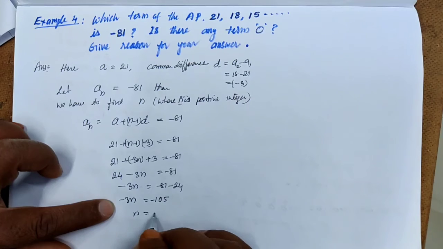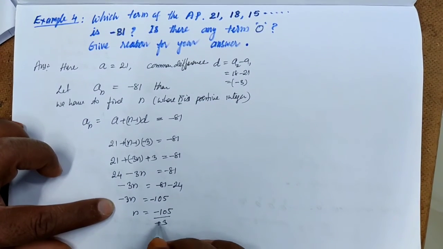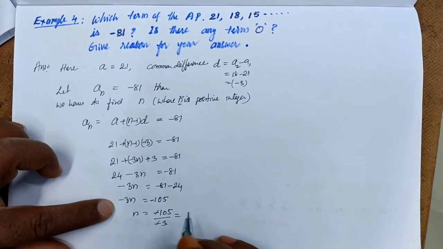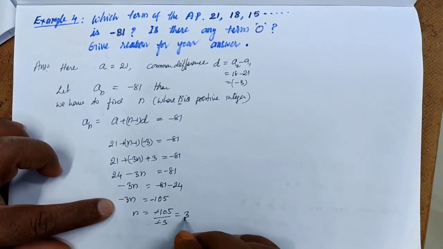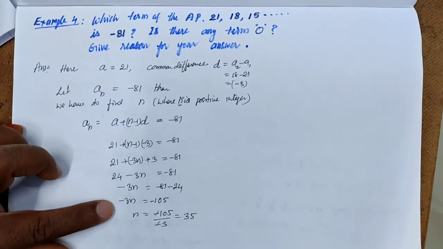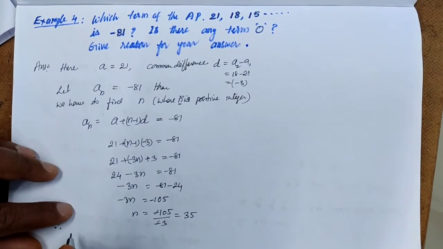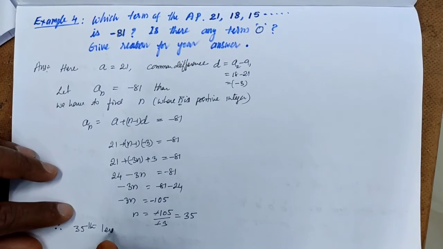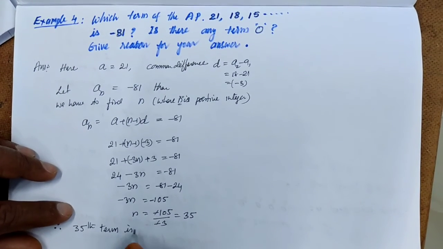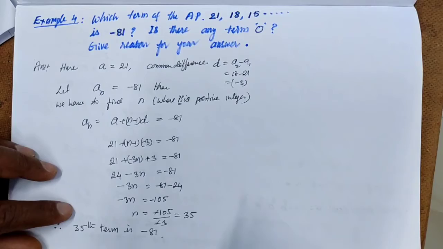So n is equal to minus 105 by minus 3. The minus gets cancelled, and 3 threes are 9... so we get 35. Therefore the 35th term is minus 81.